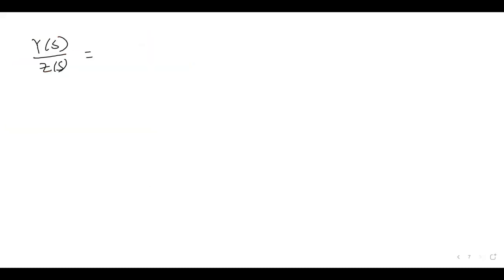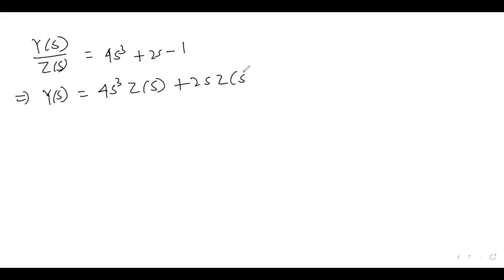So cross multiplying, Y(s) equal to 4s cube Z(s) plus 2s Z(s) minus Z(s).